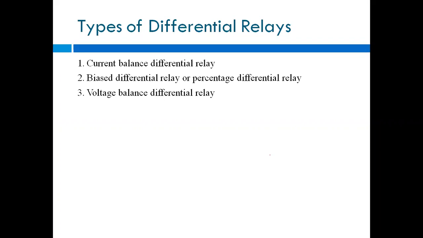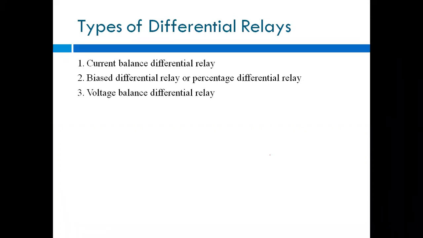Voltage balance differential relay means, just like the current, here we are considering the two differential quantities as voltage. The difference between two voltages is considered, and when that difference increases, then your relay operates.